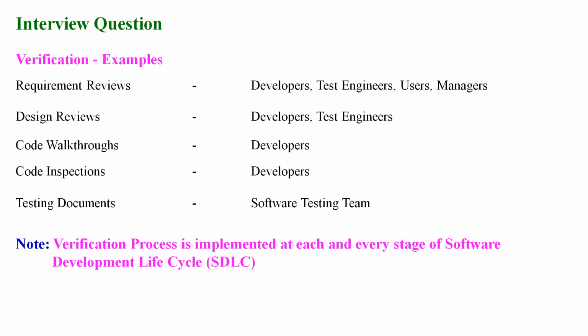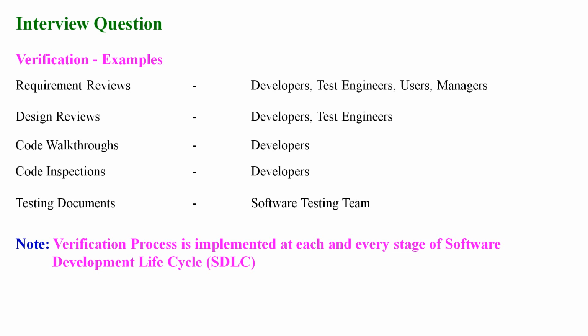That means, in the software development lifecycle, you will have many stages like requirements stage, analysis stage, design stage, coding stage, unit testing, integration testing, system testing, user acceptance testing.